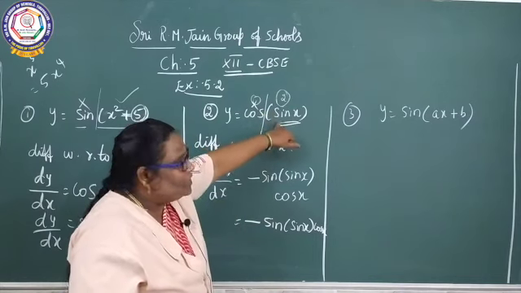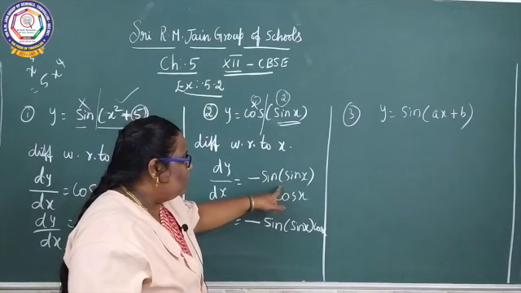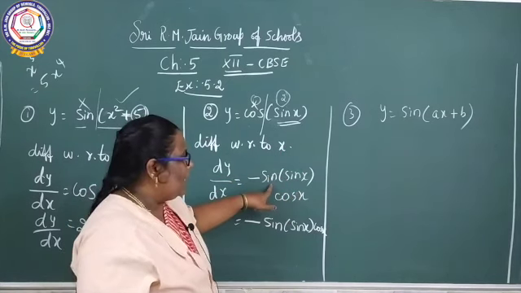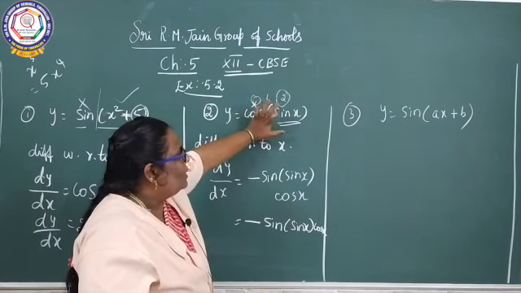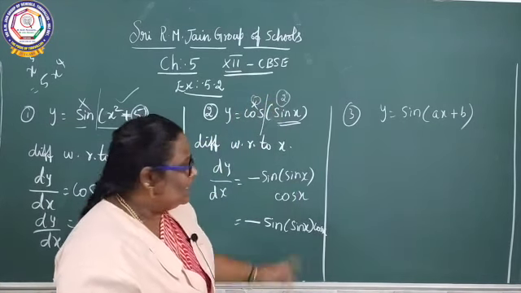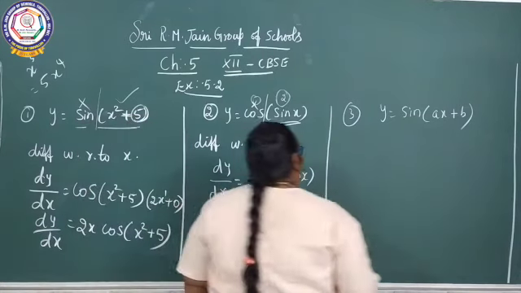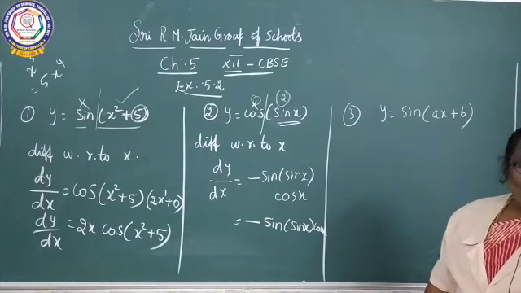So what is the differentiation of cos x? Minus sin x. Instead of x, the value here is sin x, so minus sine of sin x. Then the first part is over. Then you can differentiate sin x; differentiation of sin x is cos x. That is a chain rule function. Straight away, this is a simple form, you will do the sum.